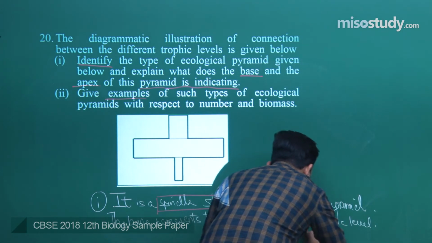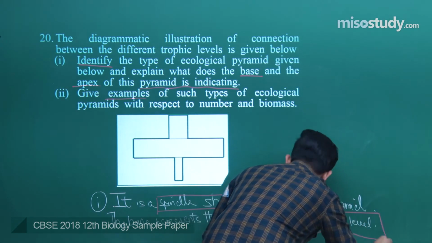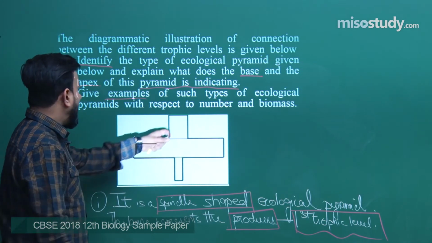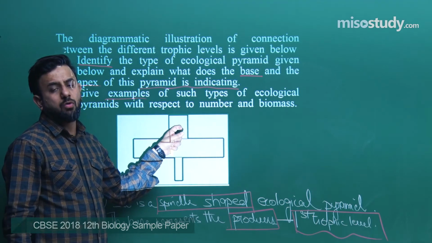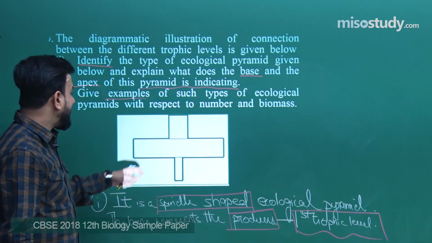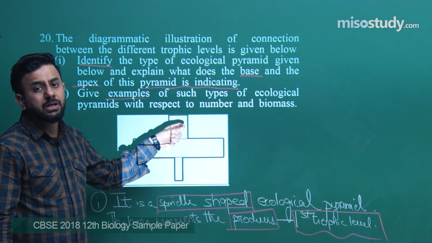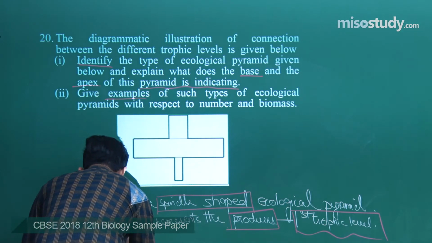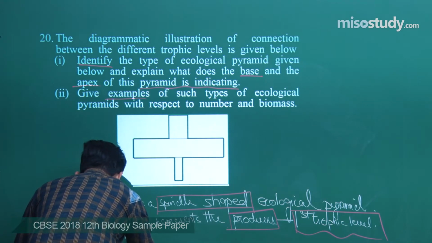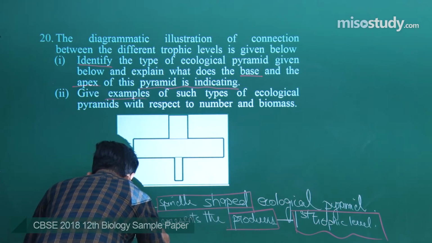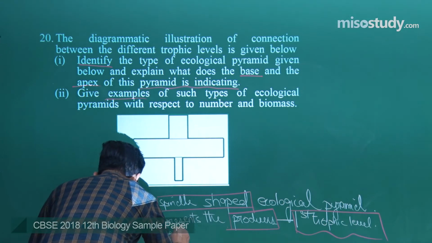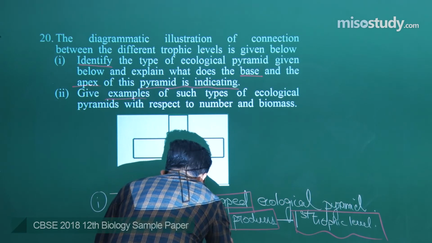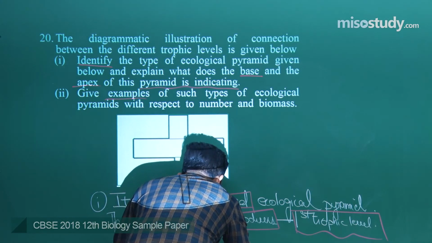Okay. And what does the apex represent? The apex represents the third trophic level.